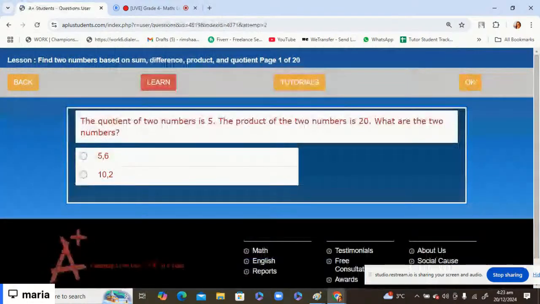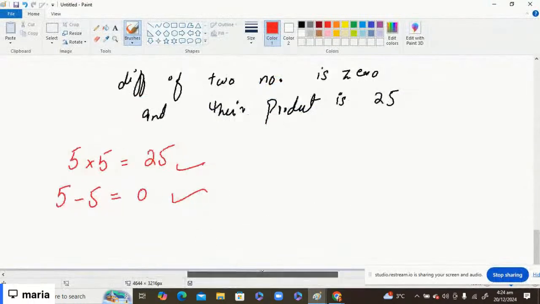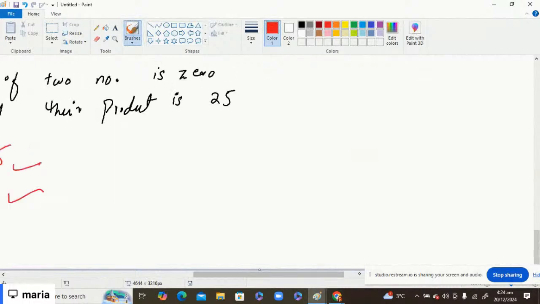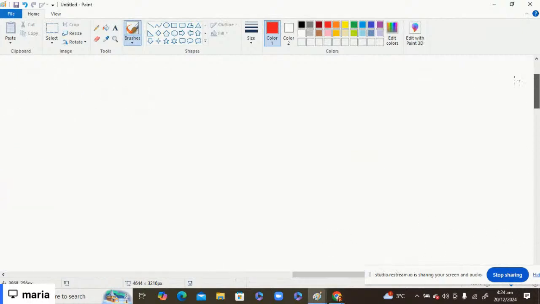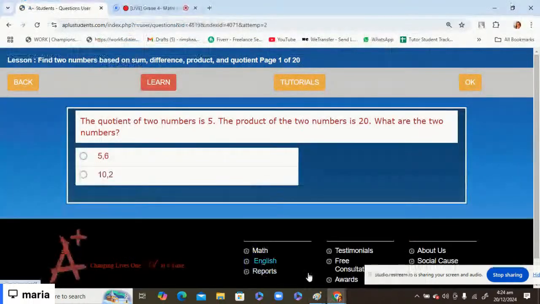For the first question, look here. The quotient of two numbers is 5. It means when you divide two numbers, you get the answer 5. The quotient of two numbers is 5 and the product is 20.